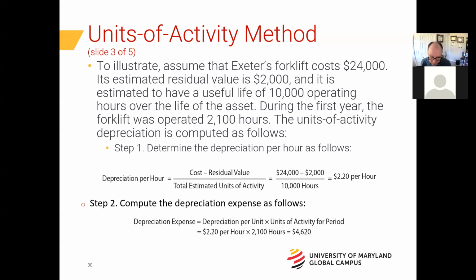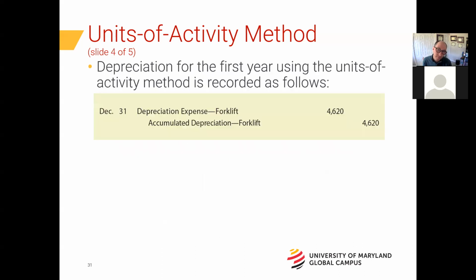So $2.20 times 2,100 hours gets me a depreciation expense for year 1 of $4,620. And the journal entry is just like the type of journal entry you made for straight line depreciation. We debit depreciation expense and credit accumulated depreciation for the forklift.